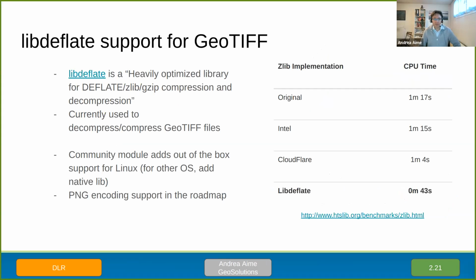libdeflate is another interesting improvement. libdeflate is a specifically optimized version of the original deflate library. Deflate is a compression algorithm that can be used to speed up compression and decompression times.